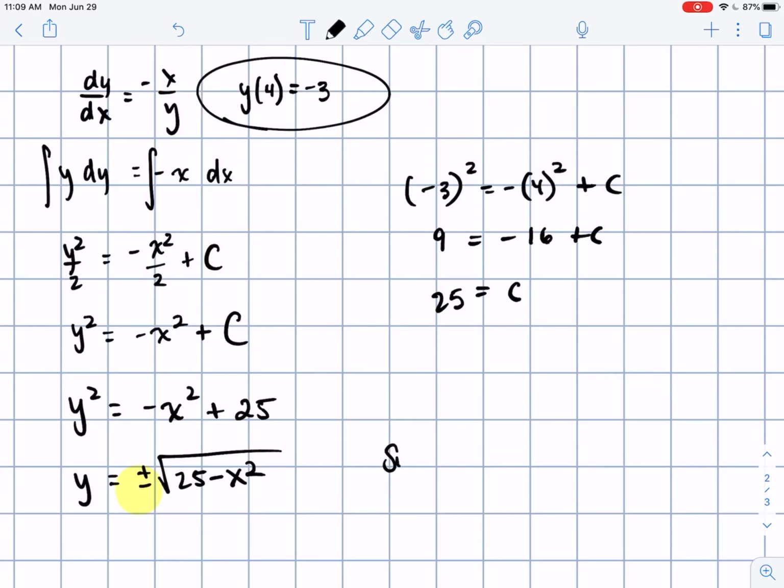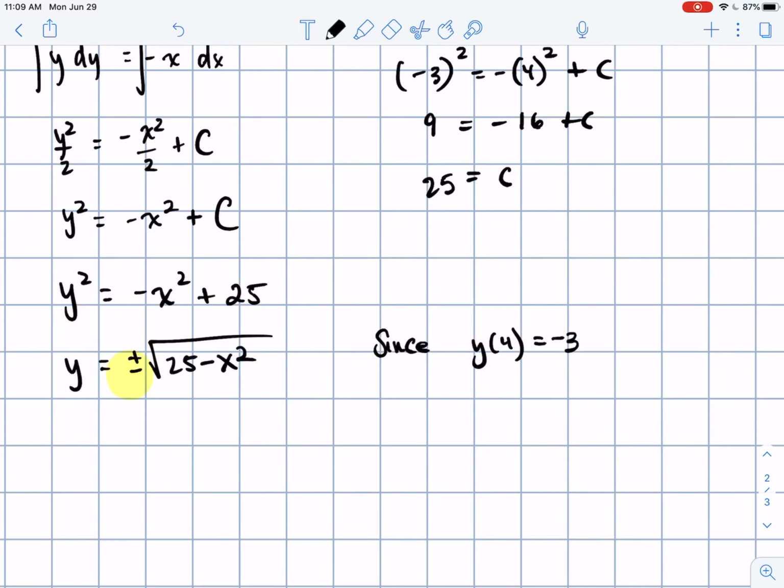Since y of 4 equals negative 3, just think about plugging in 4 for x. That would give you 16, so that would give you a square root of 9. We want it to be a negative, right? So I know for this specific initial value, I'm going to use the negative root of 25 minus x squared as my solution.